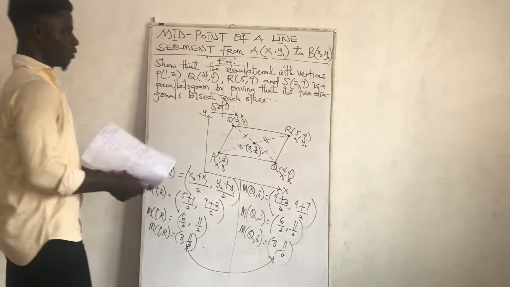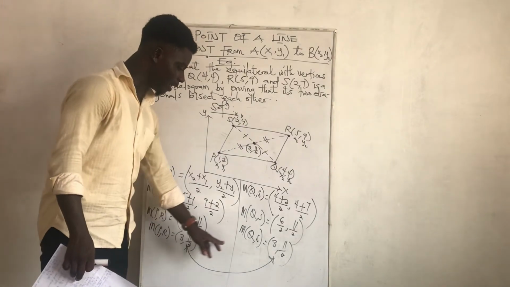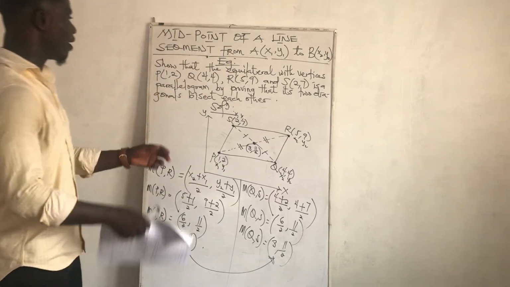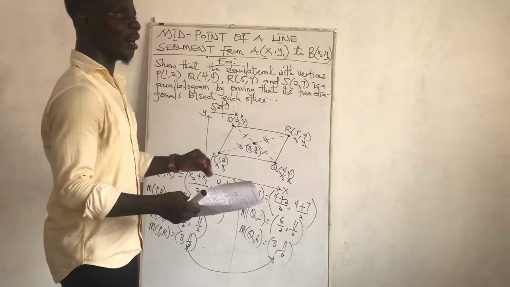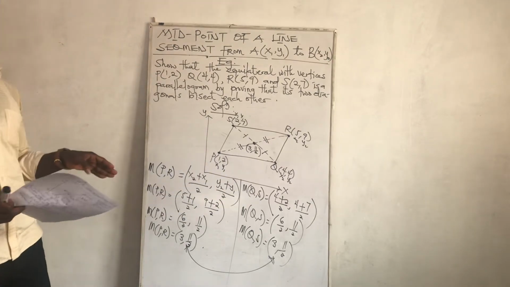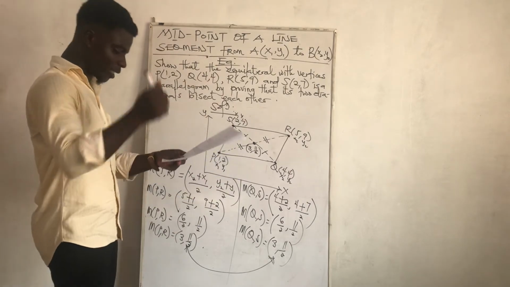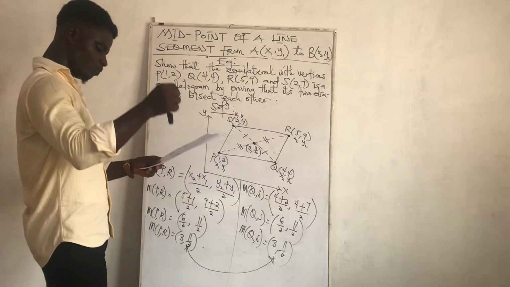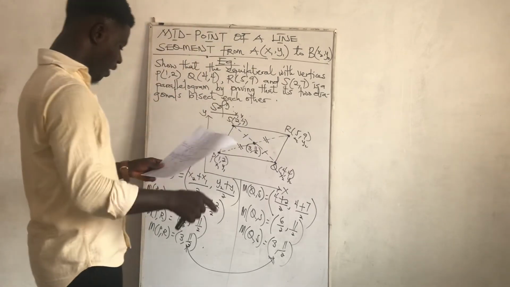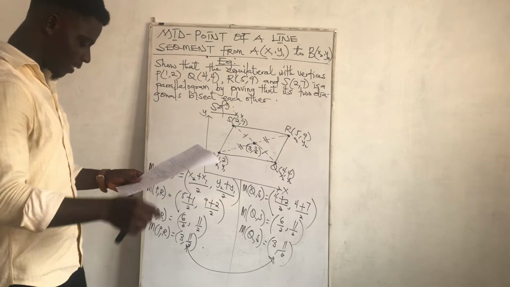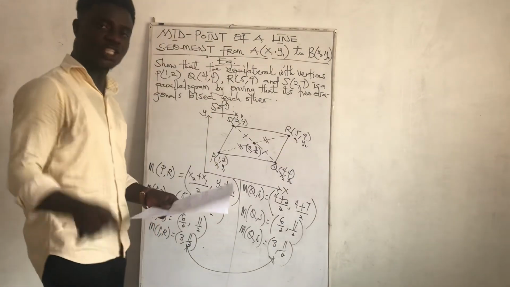So we can conclude that since the midpoint of PR and the midpoint of QS are the same, then the diagonals of the parallelogram bisect each other. Since the midpoint of PR is equal to the midpoint of QS, it implies that the two diagonals bisect each other.